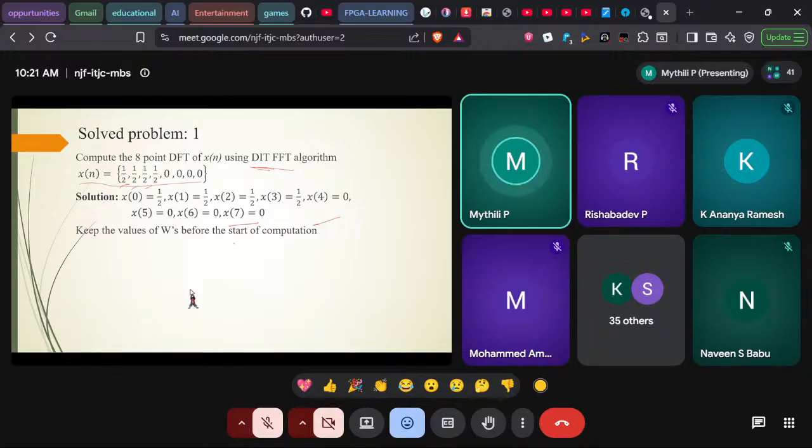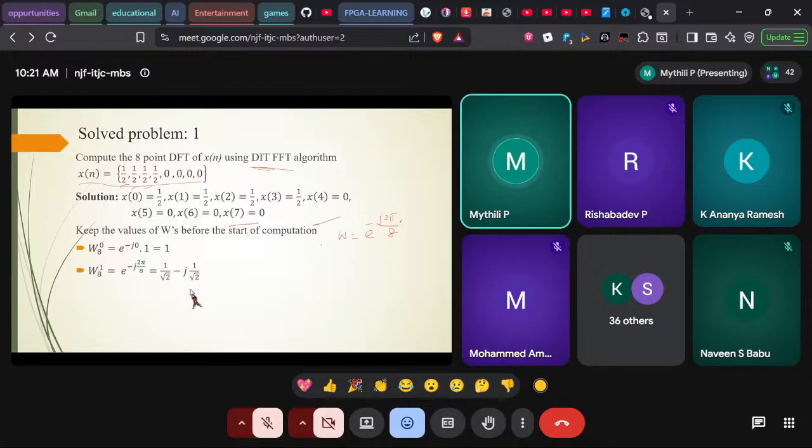And we need to have all the W values. Like for the 4-point W matrix, we know, right? Same way, we can keep all the W's before the start of the computation. You already know that W is e to the power of minus j 2 pi by 8 in this case, into nk. So W8 of 0 is 1. We don't need all the W's, we need only half.